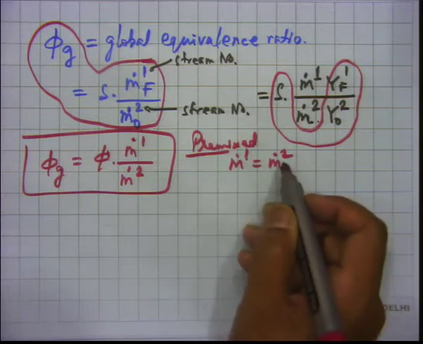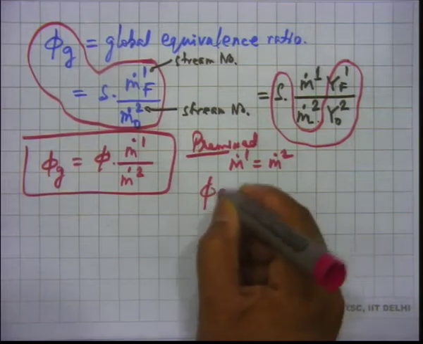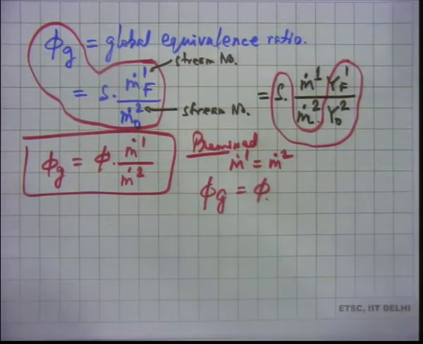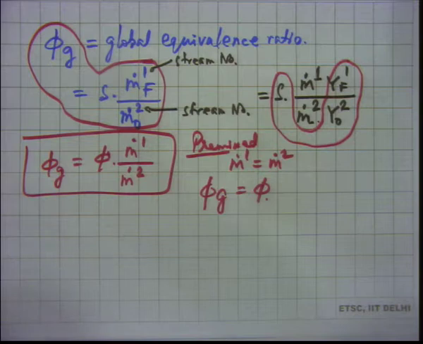In that case phi g will be equal to phi. So, in case of premixed flame there is actually no difference, but in case of diffusion flames, in case of non-premixed systems, these quantities may differ significantly.